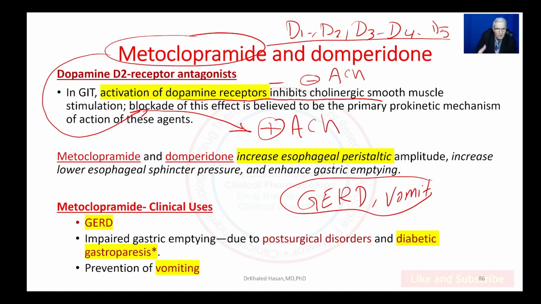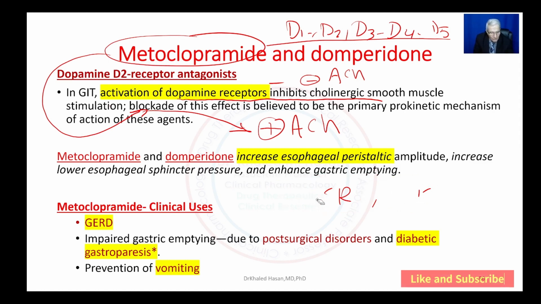For this reason, the sphincter tone will be enhanced. Metoclopramide and domperidone both increase esophageal peristaltic amplitude, increase lower sphincter pressure, and enhance gastric emptying. This is a very important effect for both medications, domperidone and metoclopramide.